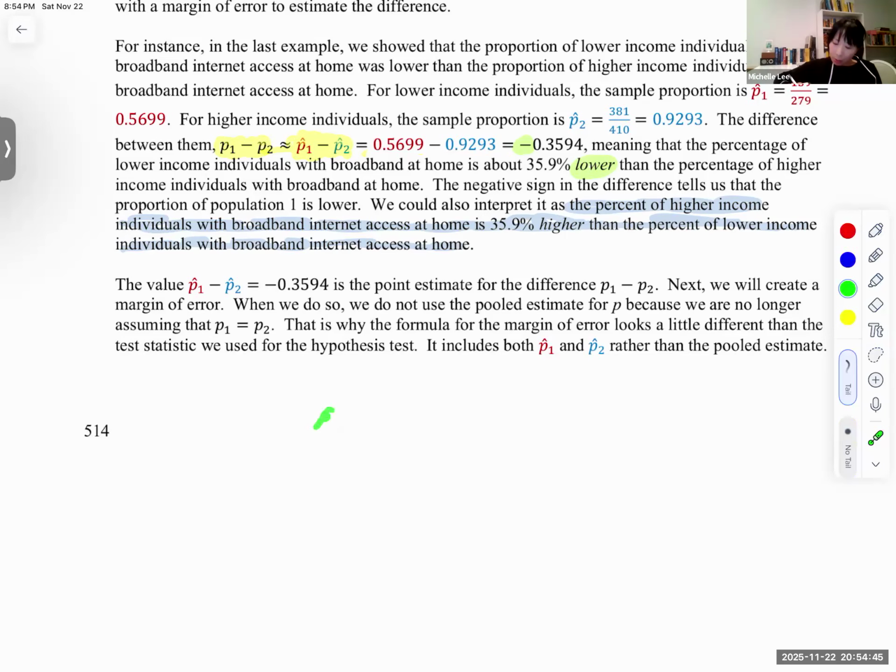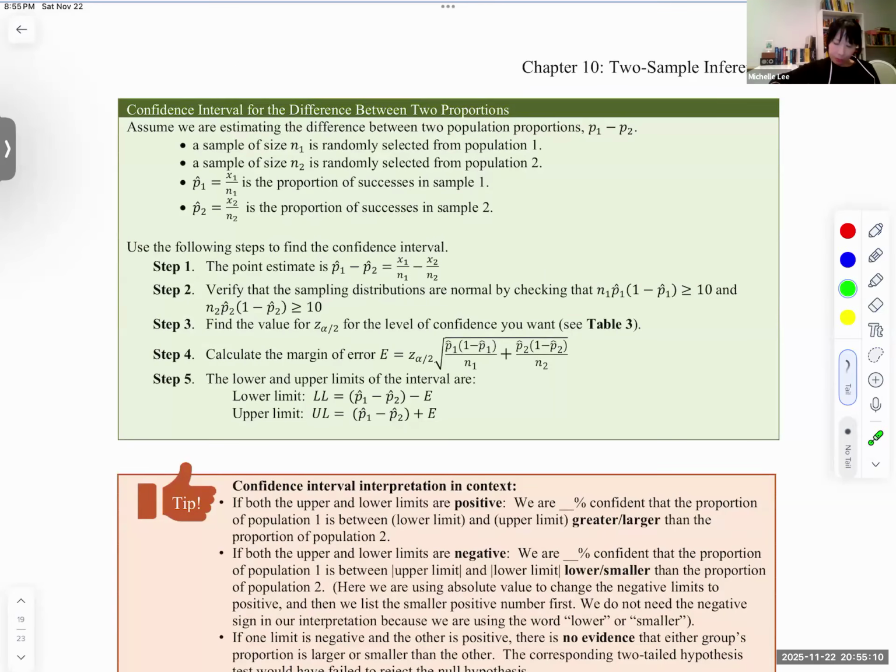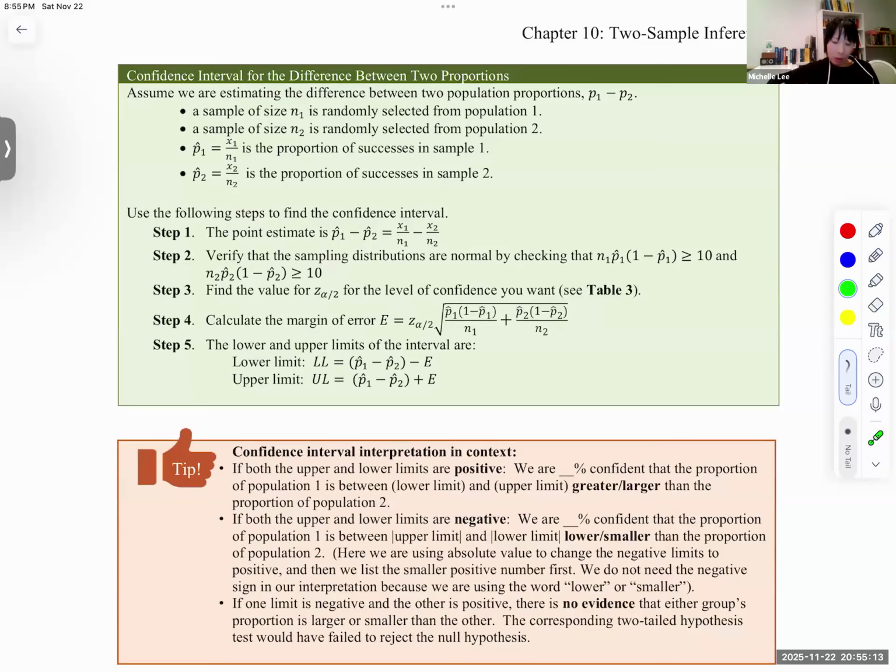Now we know that p hat is a point estimate for p, right? So we can say that the difference of p hat sub 1 and p hat sub 2 is also a point estimate for the difference of p sub 1 and p sub 2, right? Let's take a look here. So the confidence interval is very similar. We are using a little bit different formula because we are dealing with two proportions.